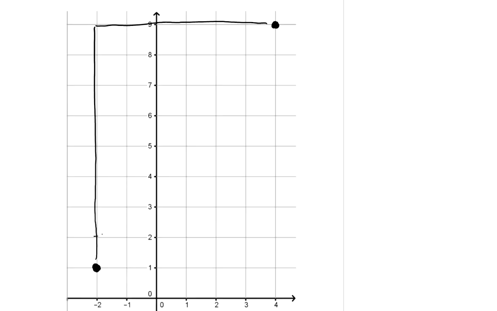I'm going up 1, 2, 3, 4, 5, 6, 7, 8 units, and I'm going over 1, 2, 3, 4, 5, 6 units. So this has a slope of up 8 over 6, which reduces to up 4 over 3.